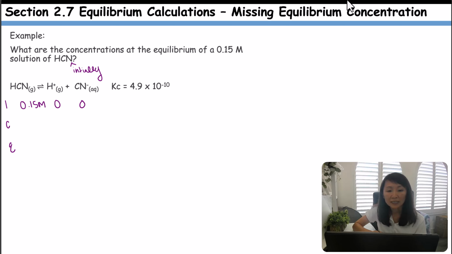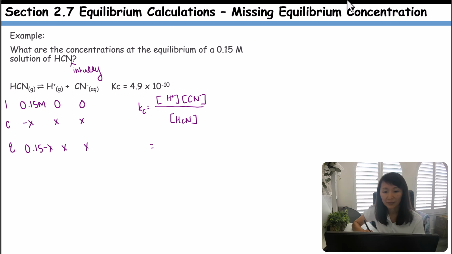Now for C, the change, so negative X, and this will become positive X. So equilibrium is the top plus the bottom. So these are all X's. Okay, and my Kc therefore is the concentration of H plus, concentration of CN minus, all over the concentration of HCN. Okay, so far so good.